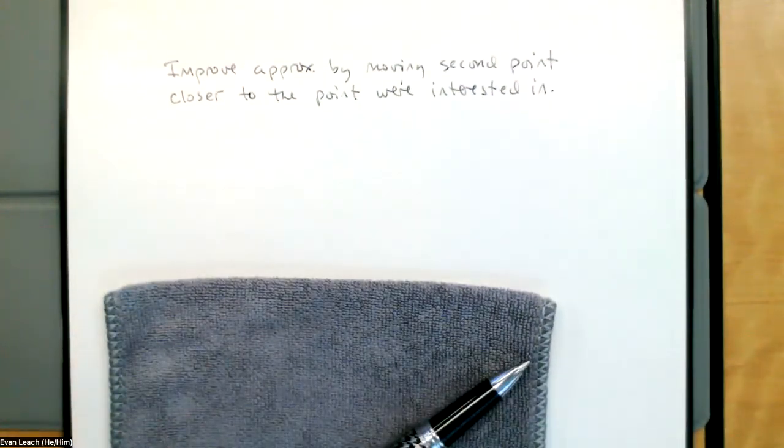Now we can improve the approximation by moving the second point closer to the one that we're interested in. Then we do the calculus thing. How close? Infinitely close. That's the calculus thing.